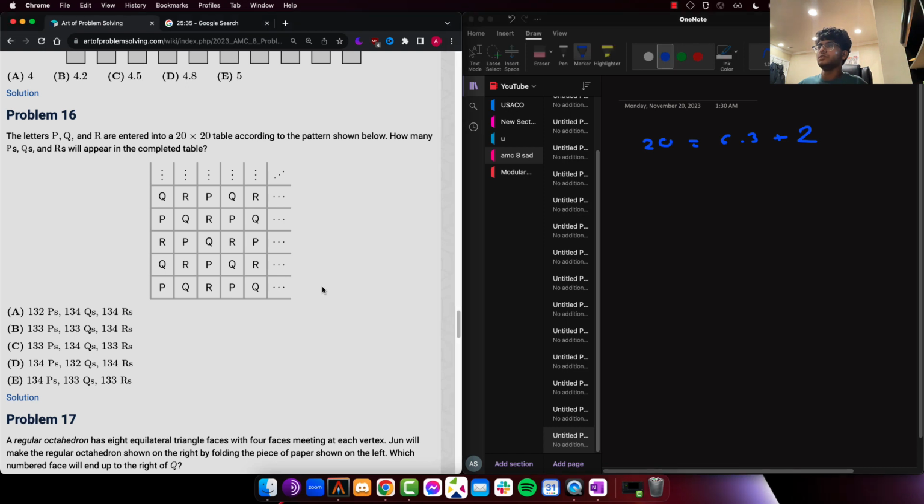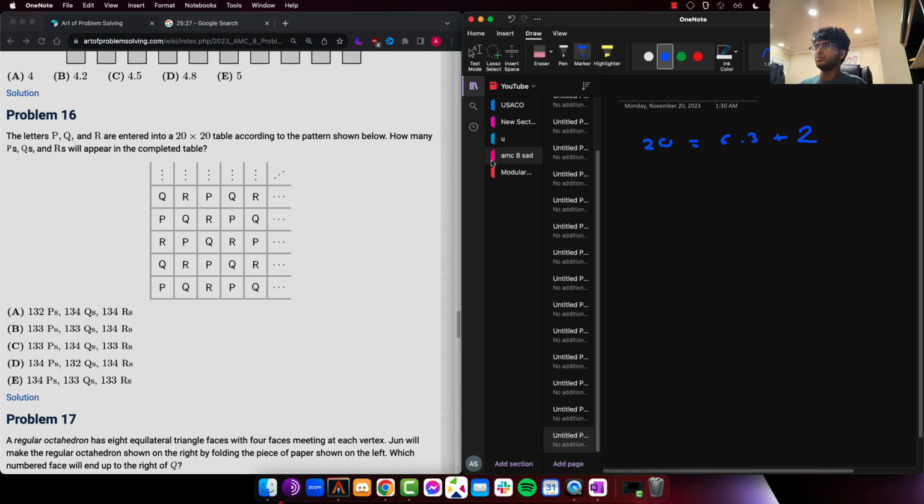So we'll do whatever we get in the first 3 columns times 6 plus 2 extra of the first 2 columns. So in the first column, what do we have? We have PQR. So we have 6 of each at first, right?